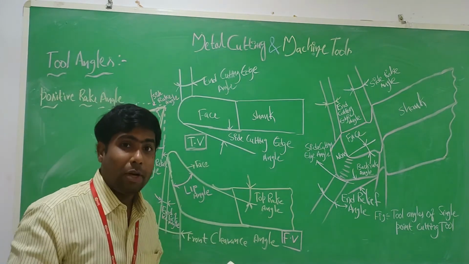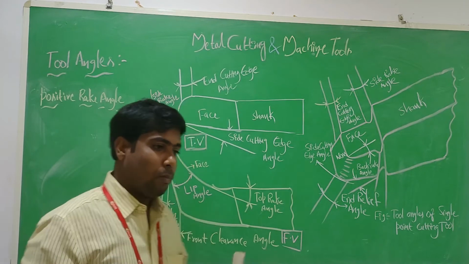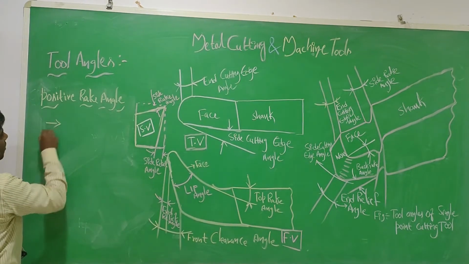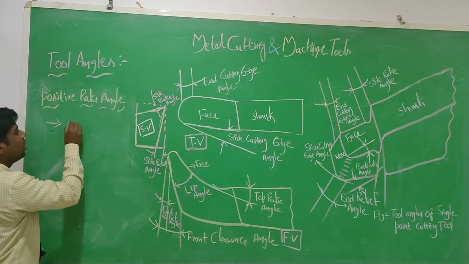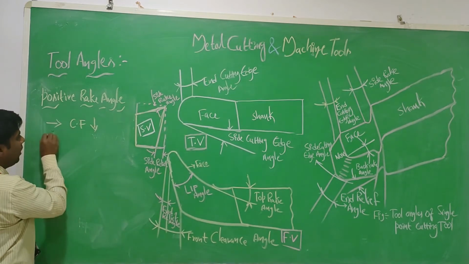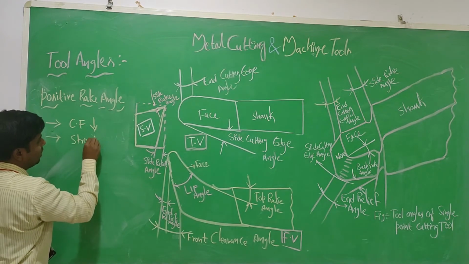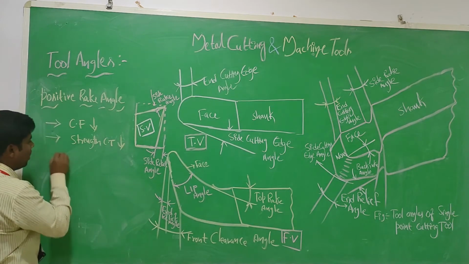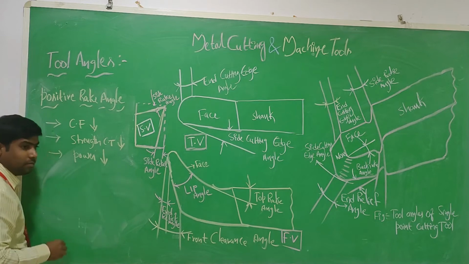So what happens if the positive rake angle increases? Due to positive rake angle, cutting forces are reduced, the strength of the cutting tool is also reduced, and power consumption is also reduced.